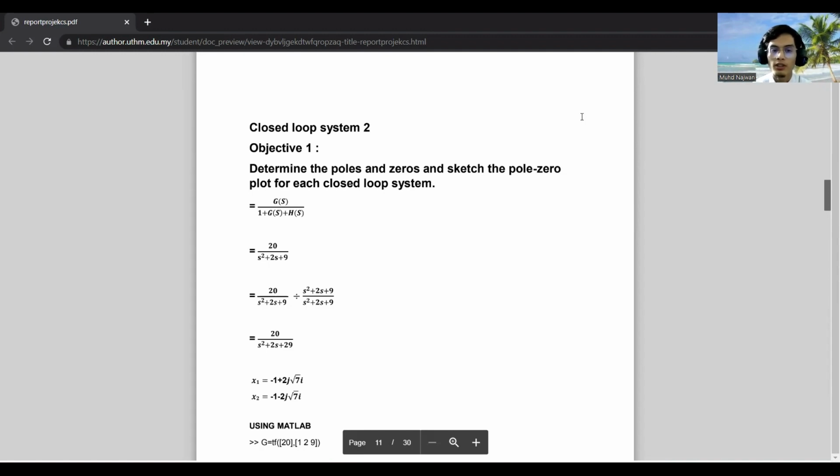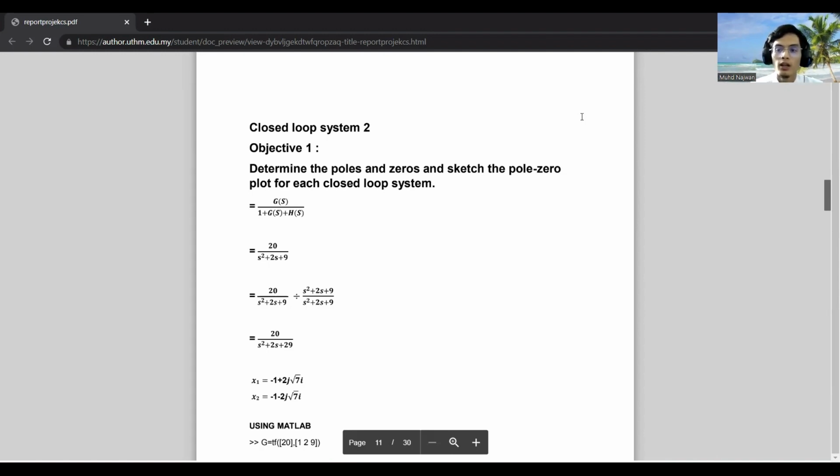From closed loop system 2, the equation is 20 over s squared plus 2s plus 9. From this equation, we can solve it mathematically, and the answer we get is 20 over s squared plus 2s plus 29.